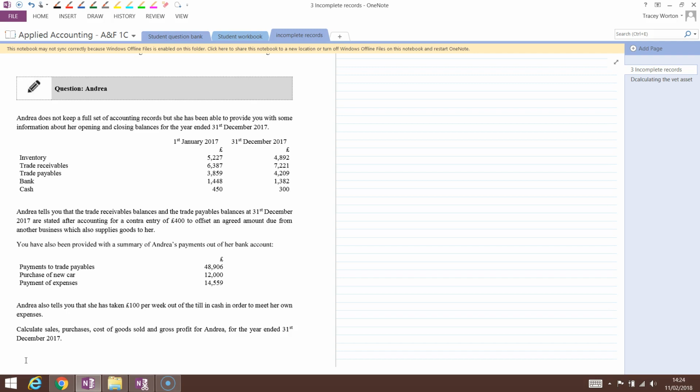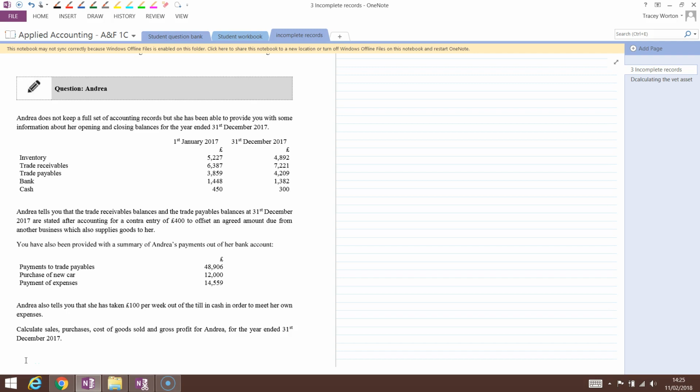The trade receivables, so our credit customer balances, 6387 was the opening balance and 7221 our closing. The trade payables, so the amount that we actually owe to our suppliers at the beginning of the year was 3,859 and at the end of the year is 4,209.